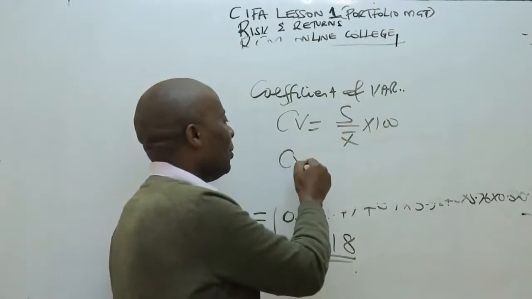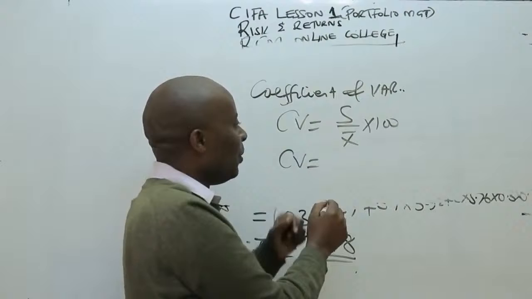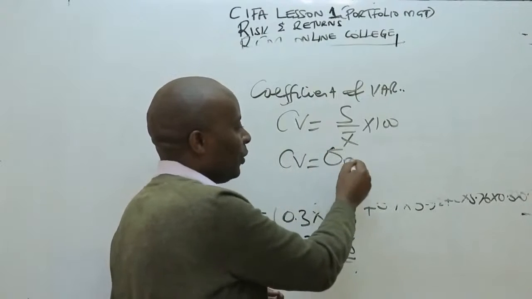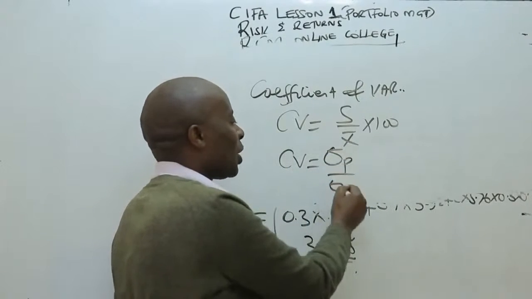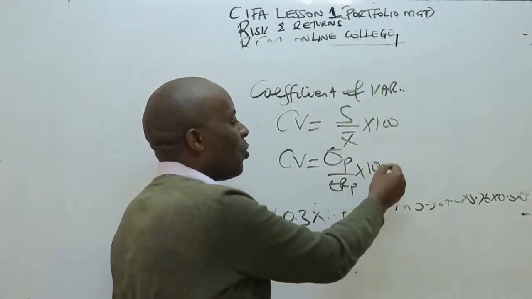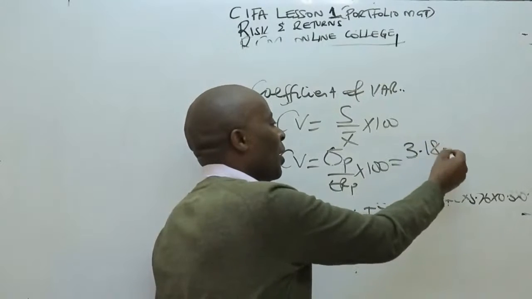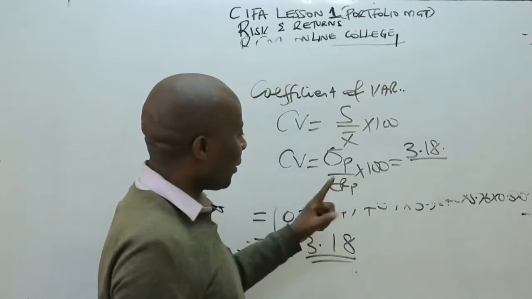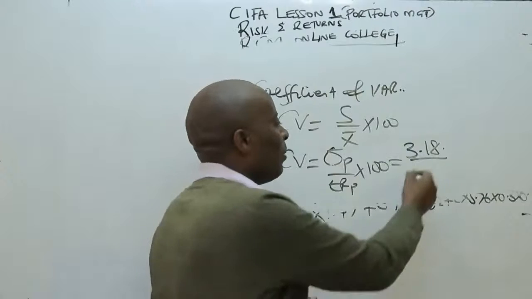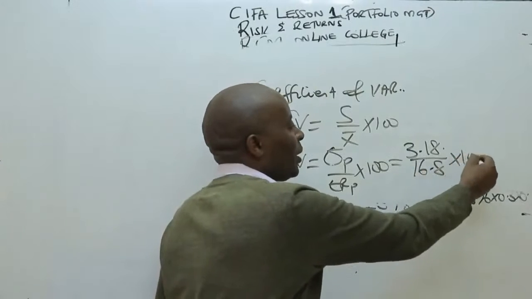This formula can be rewritten as follows: CV is equal to the standard deviation of the portfolio over the expected return of the portfolio, times 100. So the standard deviation of the portfolio is 3.18, divided by the expected return of this portfolio, if you remember, which was 16.8, times 100.